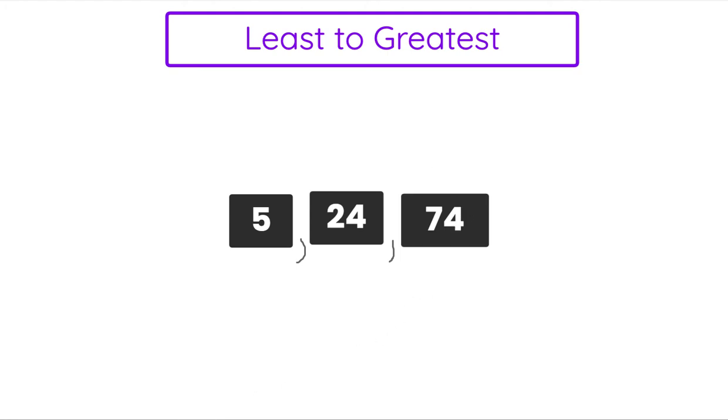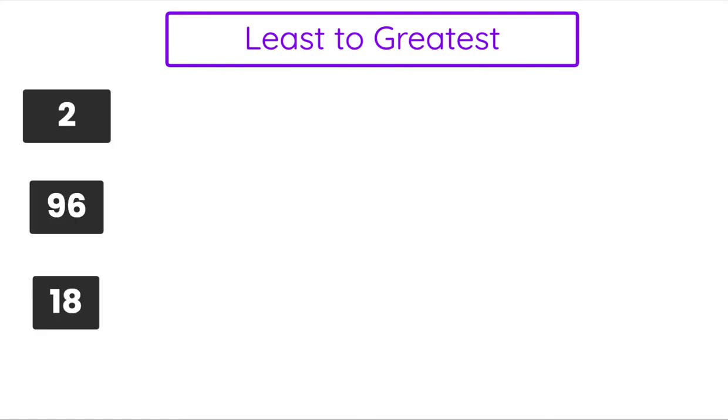Now we just ordered our numbers from least to greatest. 5 is the least, it's the littlest, it's the less. And we went all the way to the 74, which is the greatest number or the biggest number. We're putting them in order from least all the way to greatest.